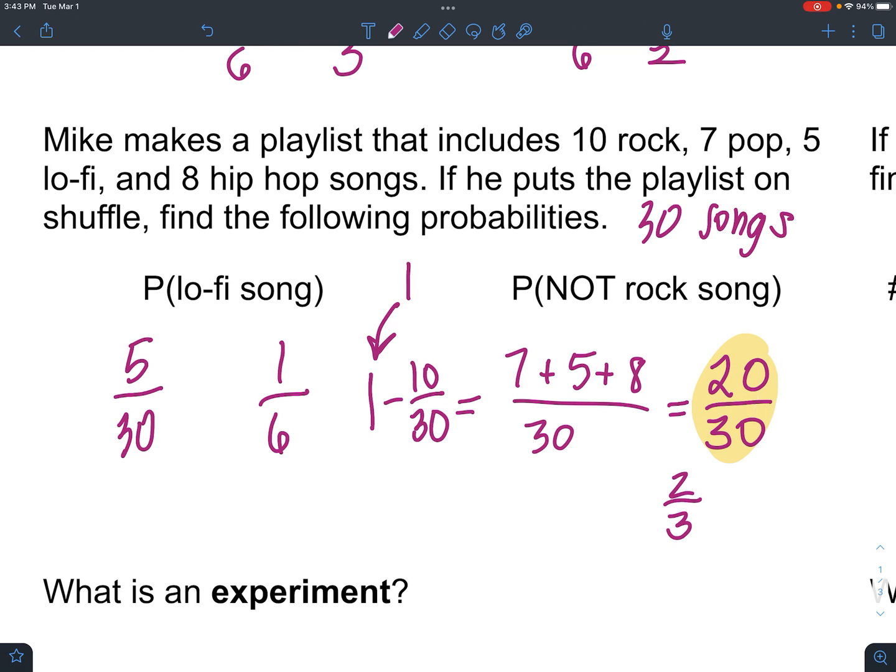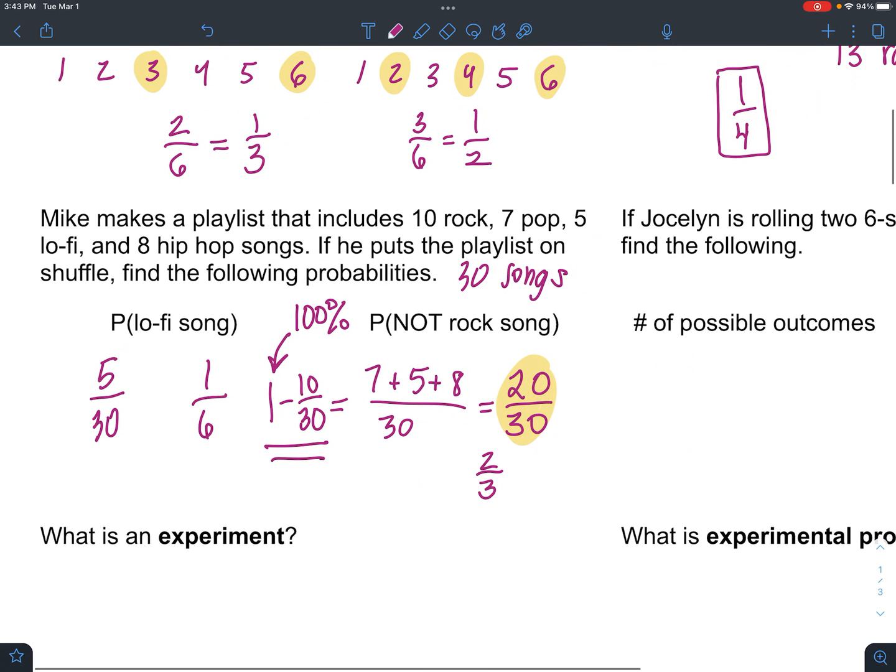And remember, 1 is 100%. So 100% of your songs, if you take away 1/3 of that, you're left with the songs that are not rock songs. So a few different ways you could do this. This is called the complement when you take away from 100. Because the probability of all your stuff, it's got to add to 100%, right? You can't have everything, it needs to be accounted for.